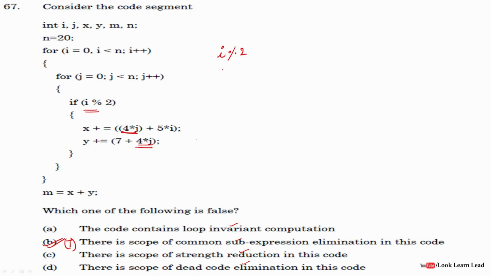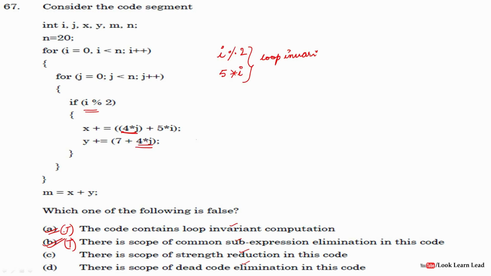Similarly, the value of i is the same in 5 * i also. So the value of i would not change in the inner loop; it is invariant within the loop. Due to these two terms, it is loop invariant computation. So our A is also true.